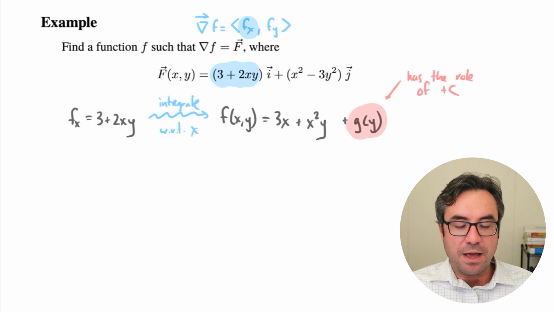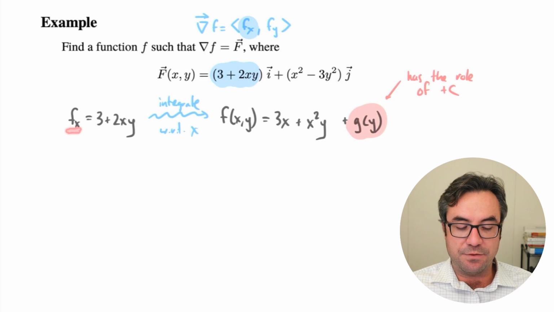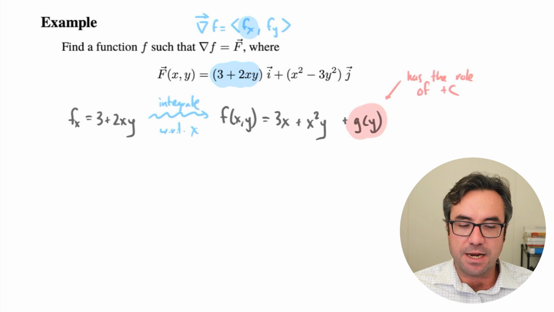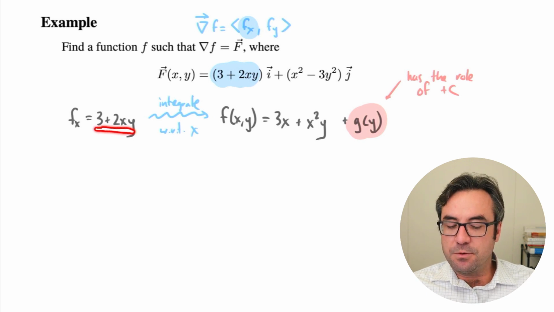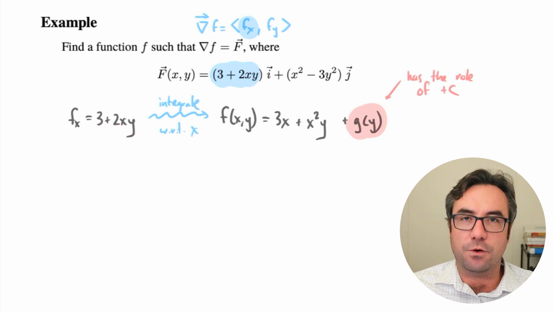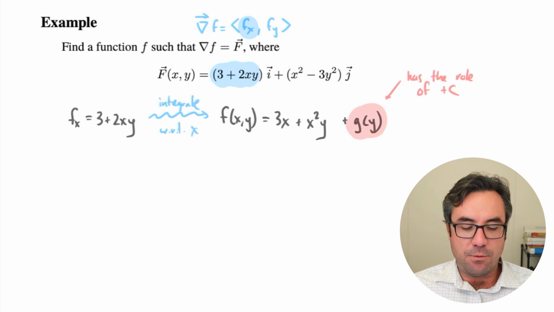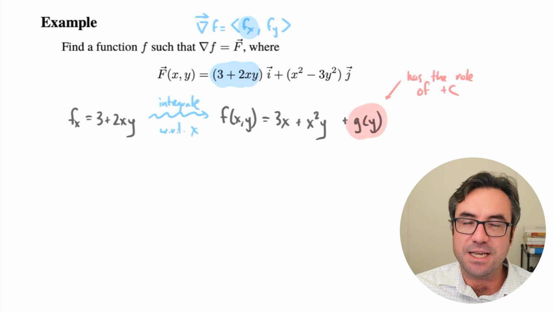Well, in this case, rather than just plus c, when we do our x partial derivative, constant terms could have gotten canceled off, but any terms that only had y's in them also would have gotten canceled off. So these were the terms that were left over once we did our x derivative. The antiderivative of 3 gave us 3x, the antiderivative of 2xy gave us x squared y, but then there might have been a whole bunch of other terms in our original function that all would have differentiated to 0 because they didn't have an x in them.